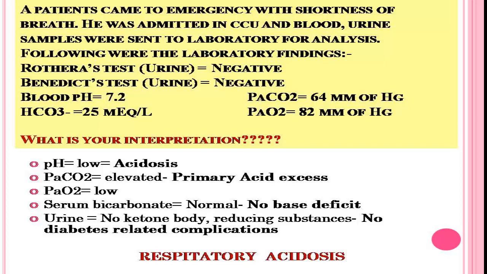When you study carbohydrate metabolism, you will learn that in uncontrolled diabetes you can expect ketone bodies and reducing substances in the urine. These are not present here, so this condition is unrelated to diabetic complications. So it is a case of clear-cut respiratory acidosis.